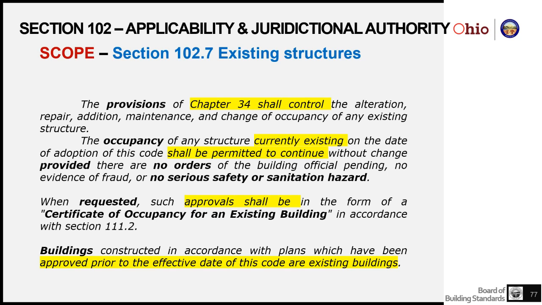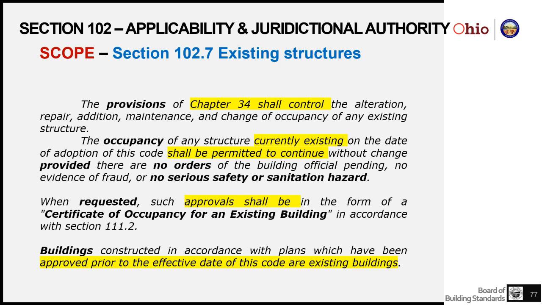So the occupancy of the structure currently existing shall be permitted to continue without change. That is, the building has rights. It can continue without change, provided there are no orders of the building official pending, no evidence of fraud, and no serious safety or sanitation hazard. So here's where we get into one of those defined terms, serious hazard.